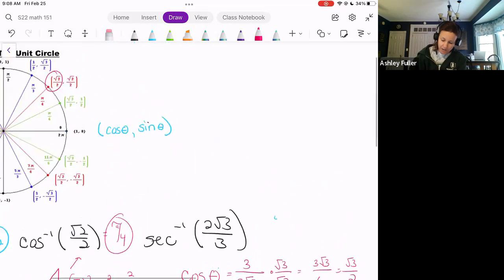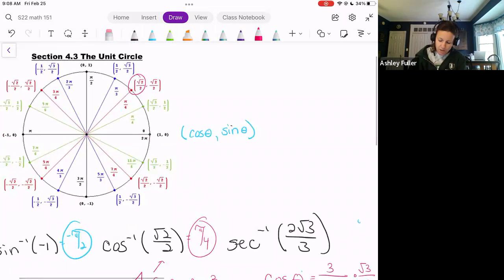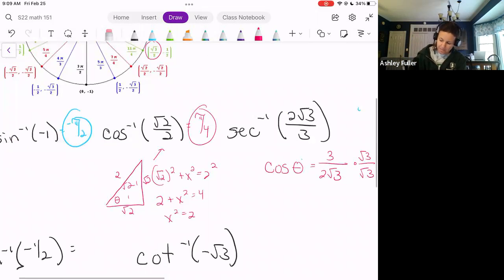When I go to my unit circle, square root of 3 over 2 occurs here and here. However, pi over 6 is what falls into the correct domain range area for the functions that we're looking at. So here we're going to end up with pi over 6.